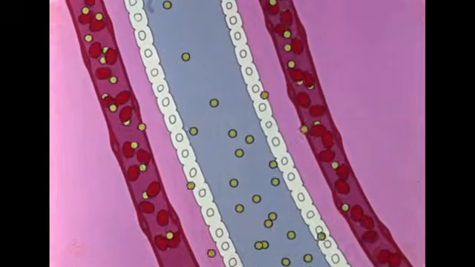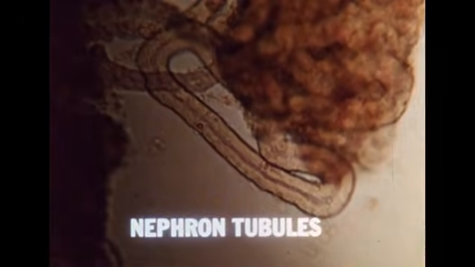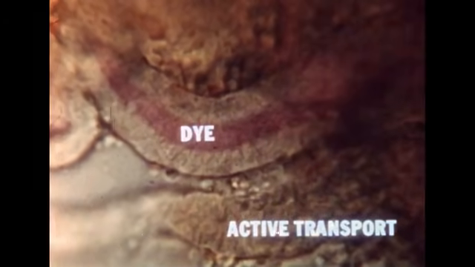Active transport can be demonstrated with living tubules of a goldfish in a solution containing the dye phenol red. The dye moves into the lumen of the tubule even though the concentration of dye in the lumen is much greater than in the surrounding solution.